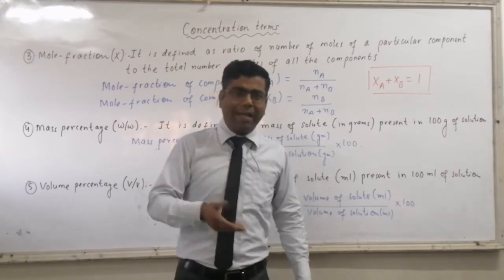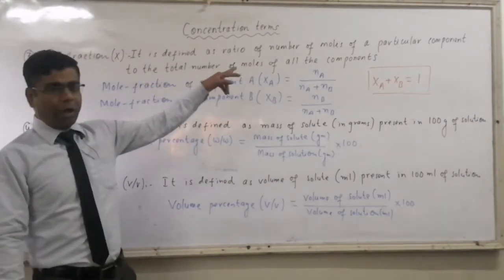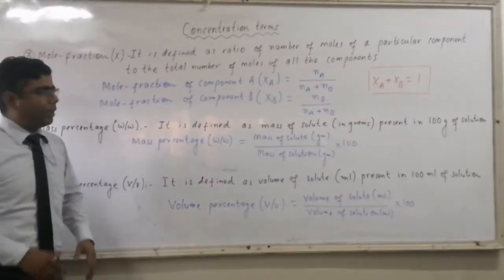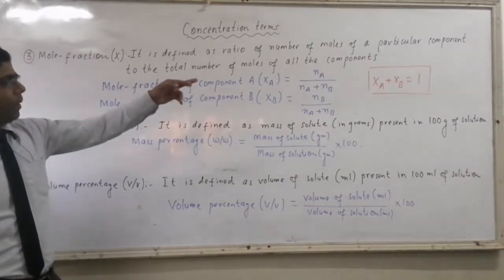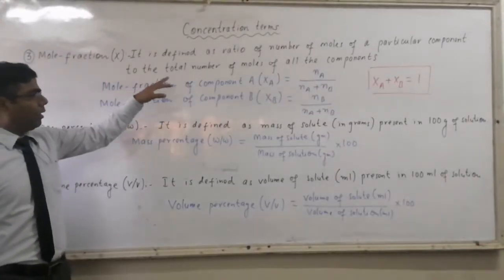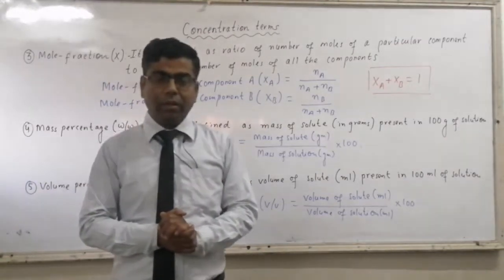So how can we define it? It is defined as the ratio of the number of moles of a particular component, it can be A, it can be B, to the total number of moles of all the components.